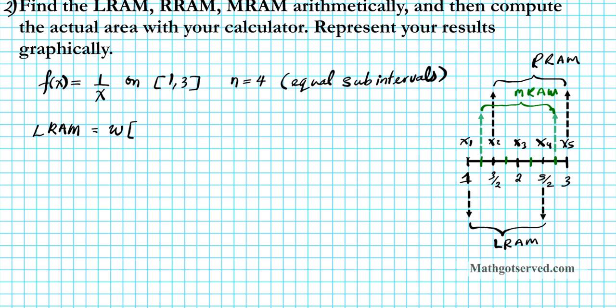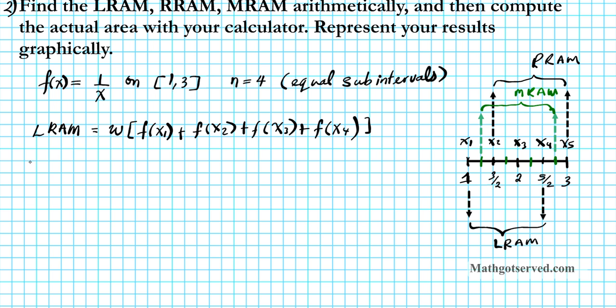All right, now that we know what our inputs are for the function, let's go ahead and write down the formula for an LRAM. So for LRAM, we have the width of equal intervals times f of x1 plus f of x2 plus f of x3 plus f of x4. Okay, now what is our width?